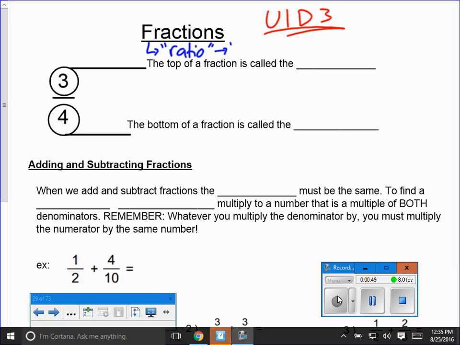Fractions are also called rational numbers. Any number that can be written as a fraction is called a rational number. If it can't be written as a fraction, it's an irrational number. You also see this word rational when we get into algebra and we start talking about algebraic expressions that have fractions in them, which are called rational expressions.